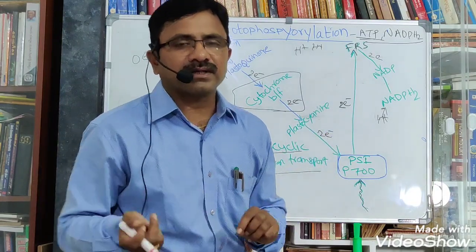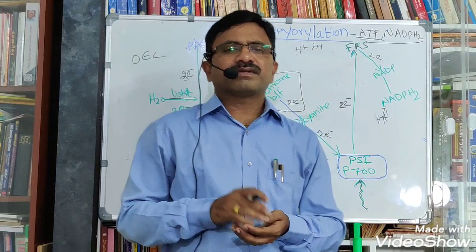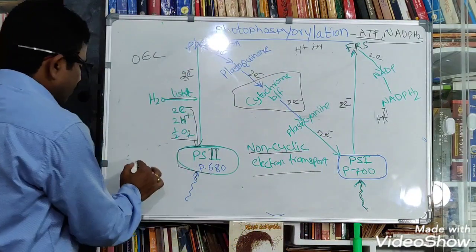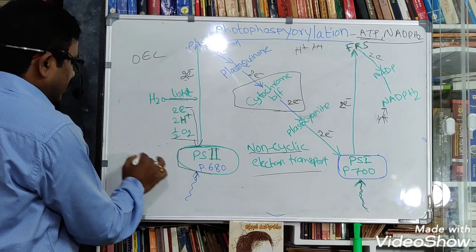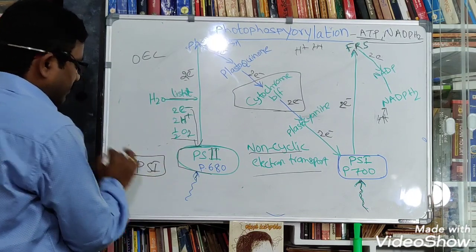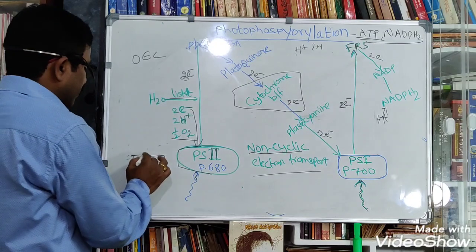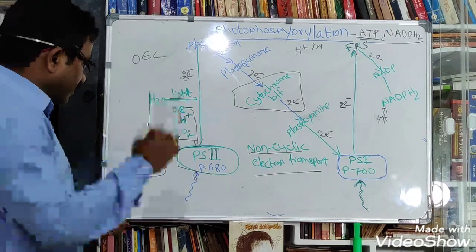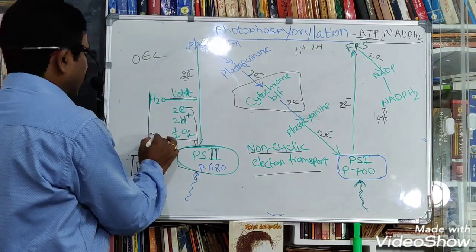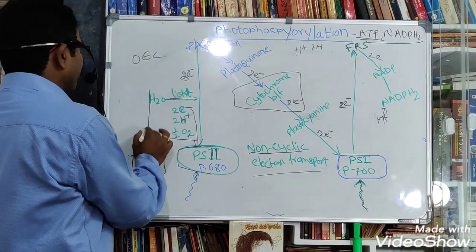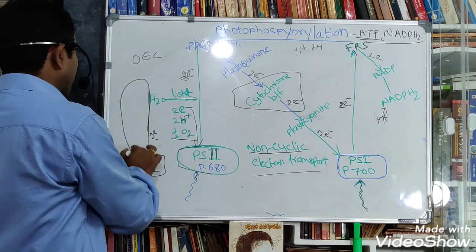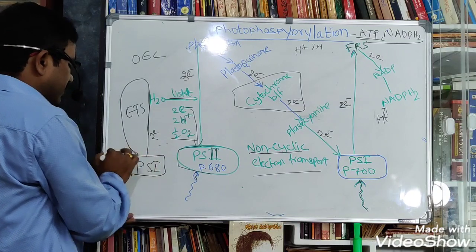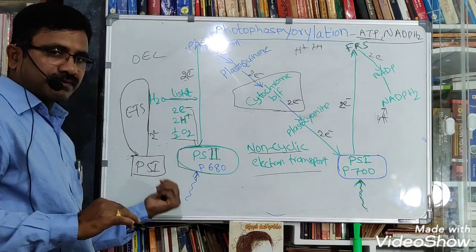So the second kind of electron transport is cyclic electron transport. In cyclic electron transport, only photosystem 1 participates. Whenever PS1 absorbs light and gets excited, it expels a pair of electrons, which move through the electron transport system and finally return back to PS1.